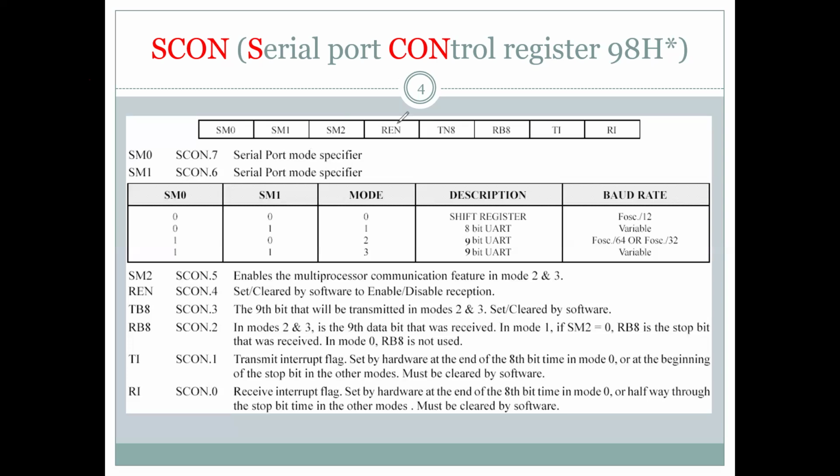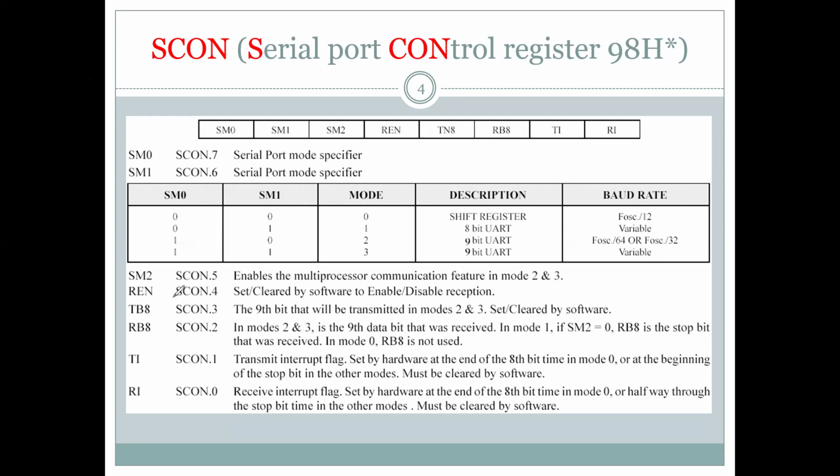And the next bit is REN, which stands for receiver enable bit. As it is a full duplex communication, you can use a transmitter as well as a receiver. But if your application doesn't need a receiver, then you can make this bit 0. That will disable the receiver module of your UART.